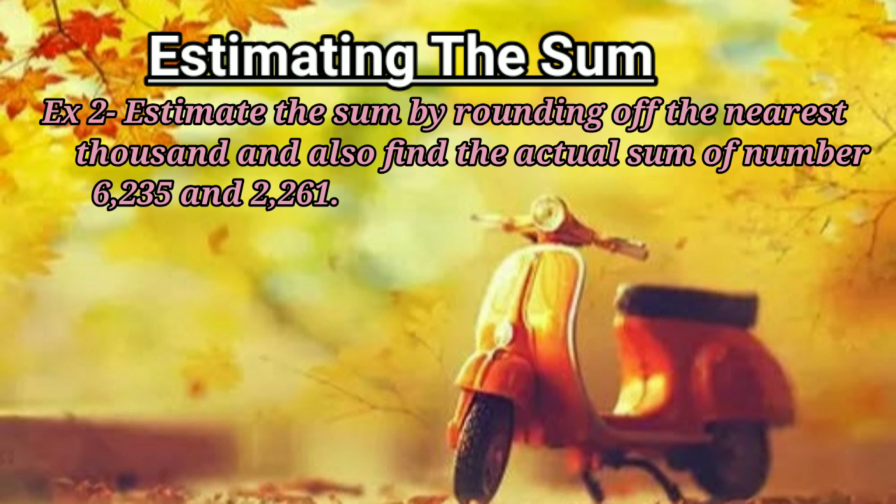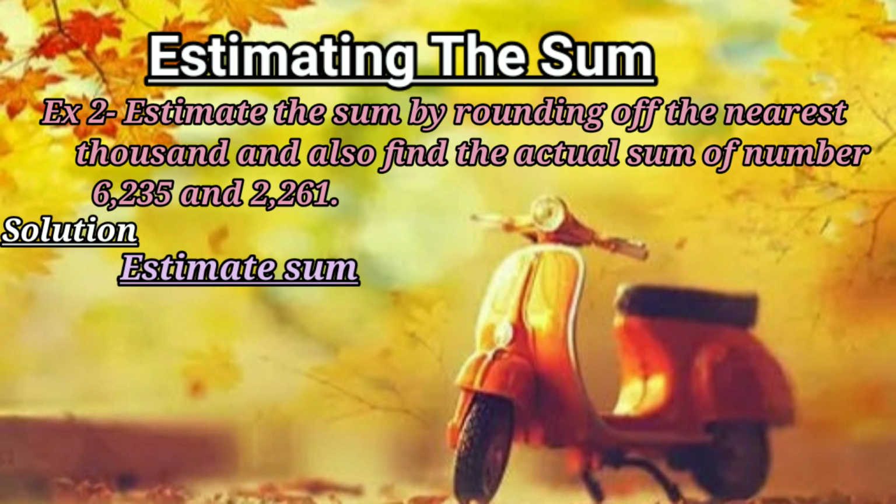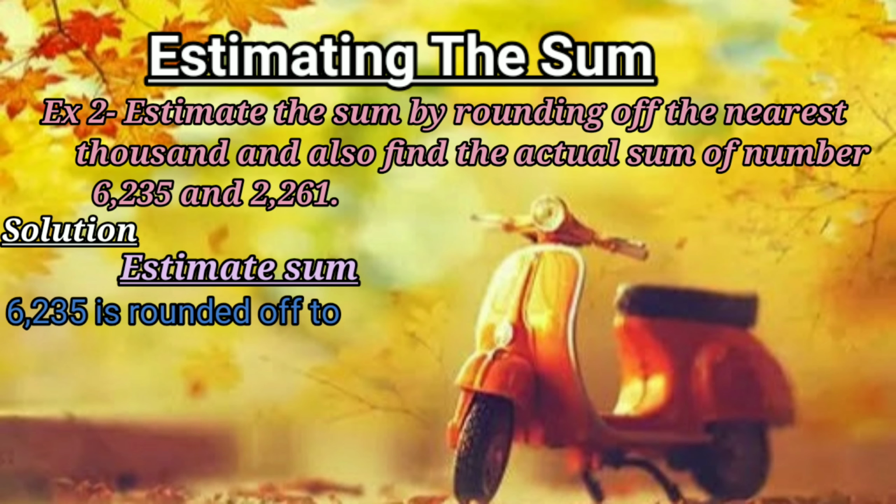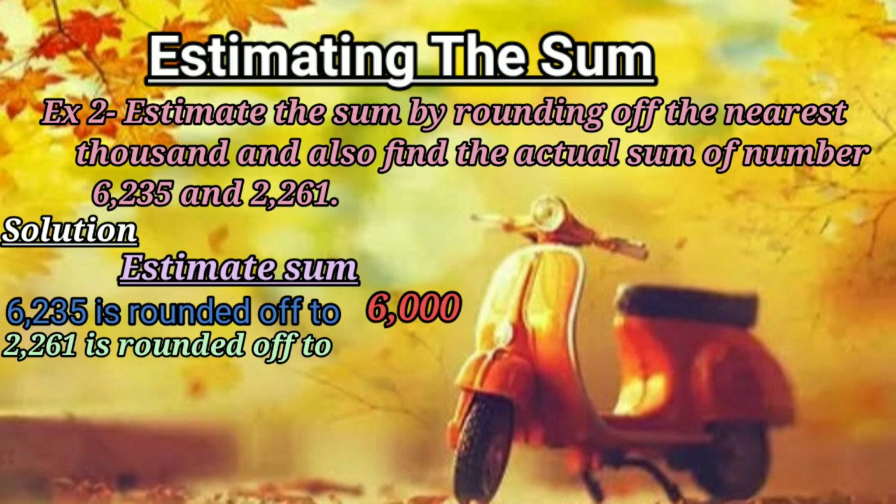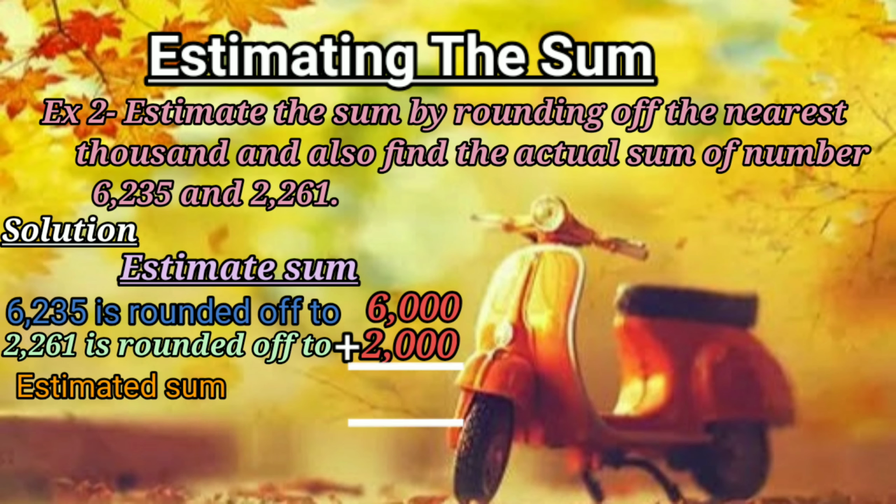Here, to estimate the sum, round off the numbers to the nearest 1000. So 6235 is rounded off to 6000 and 2261 is rounded off to 2000. Thus, the estimated sum is 6000 plus 2000, which is equal to 8000.